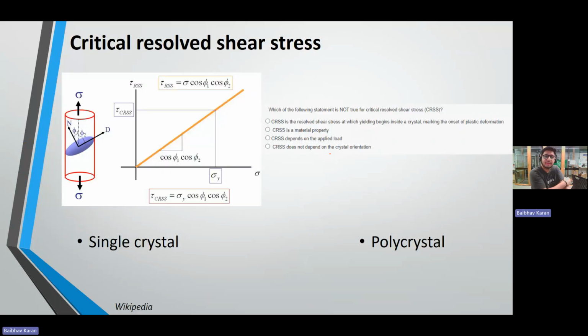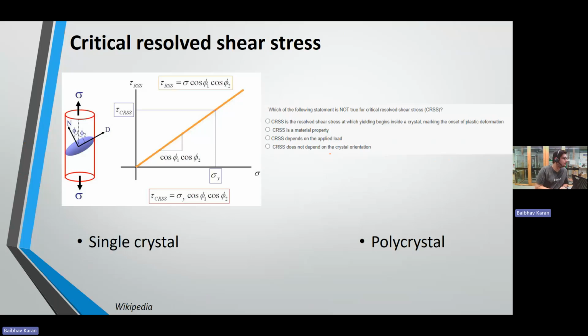Then we defined critically resolved shear stress. What is that? It is the stress beyond which the sample is plastically deforming. And we found the value from this equation and the graphs, which is given by tau CRSS equals sigma cos phi 1 cos phi 2, above which plastic deformation takes place.